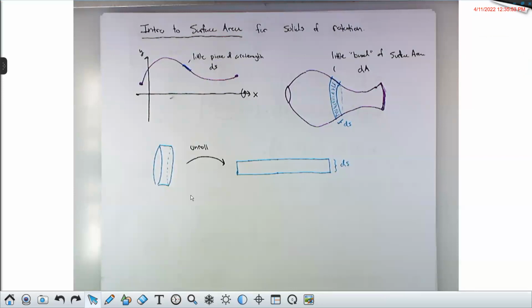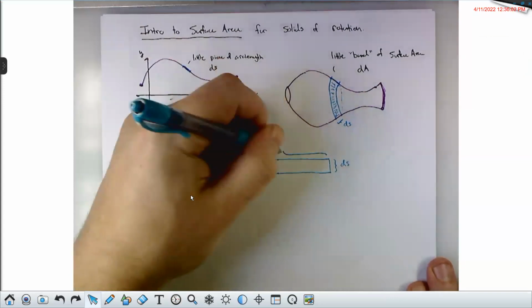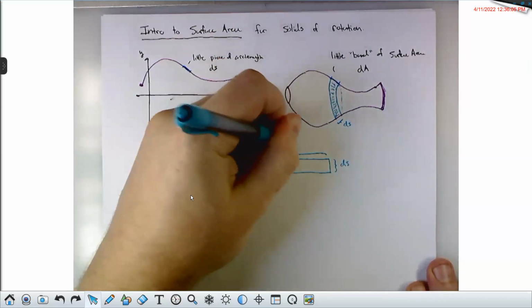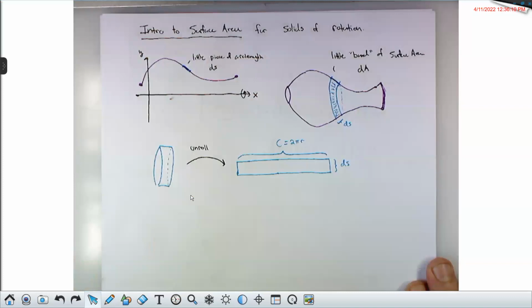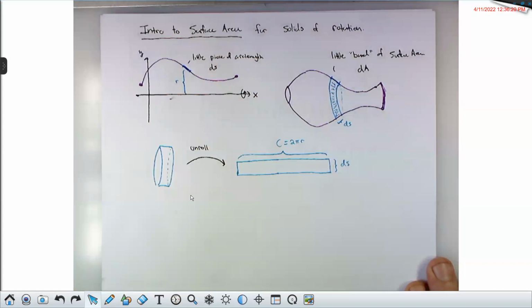Very good, it's the circumference. Which is 2 pi times the radius of the band. And in this case, that radius is y.